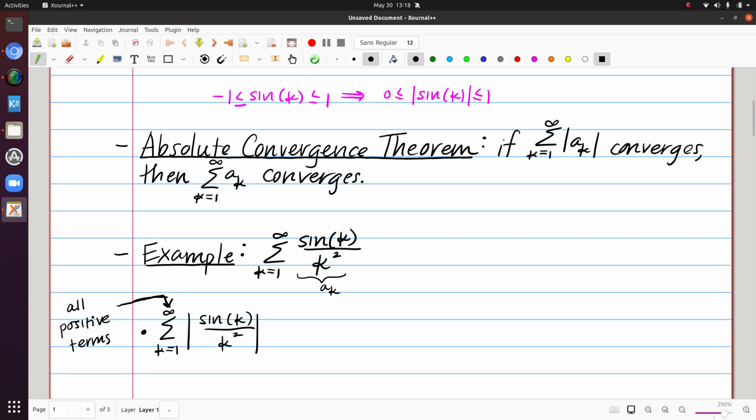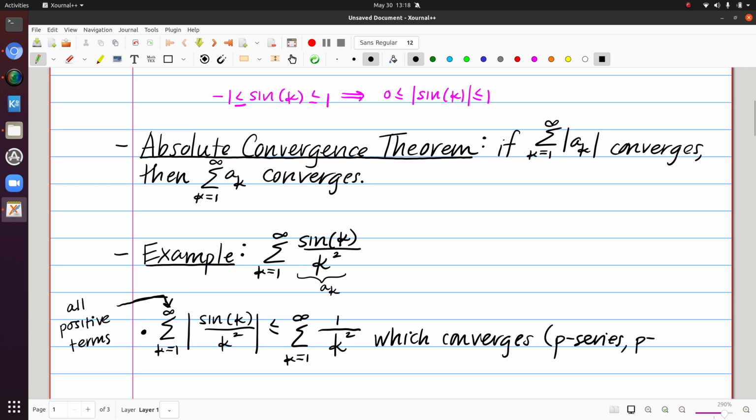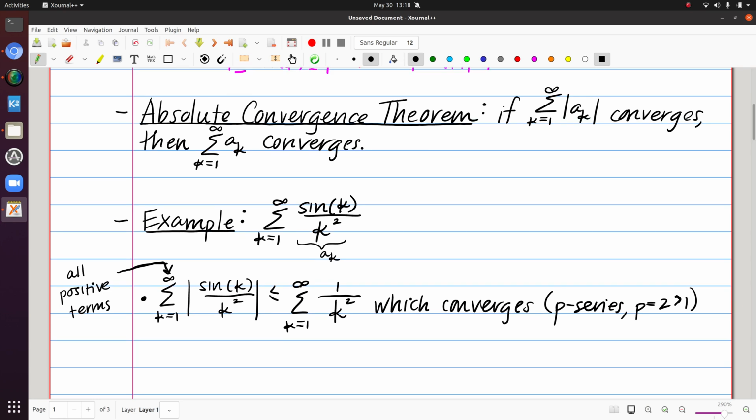So with that in mind, we can bound this sum above by the one with just a 1 in the numerator, based off of our pink inequality. And we know that this resulting series converges. It's a p series with p, which here is 2, strictly greater than 1.